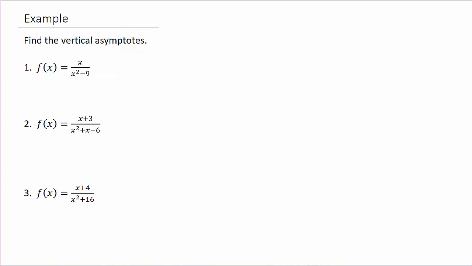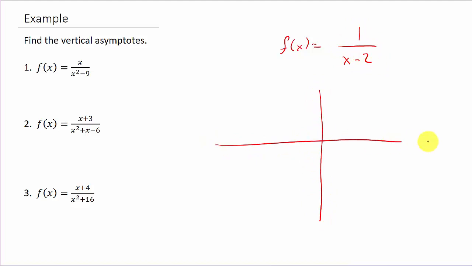And just real quick to show you, if we have something like f of x equals 1 over x minus 2, here's 1, here's 2. This graph has a vertical asymptote at 2, and the graph would look something like this.